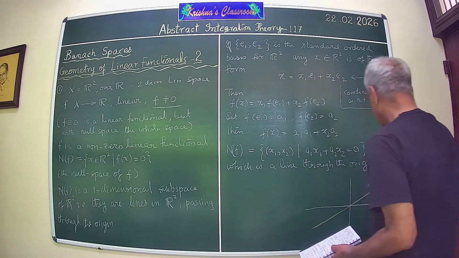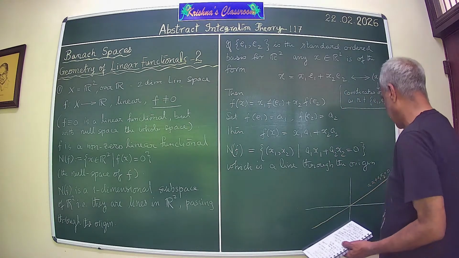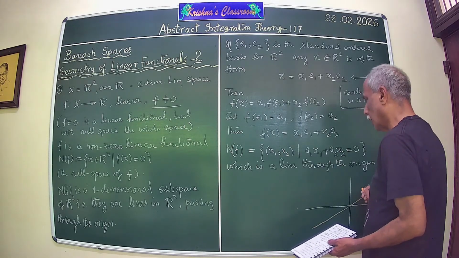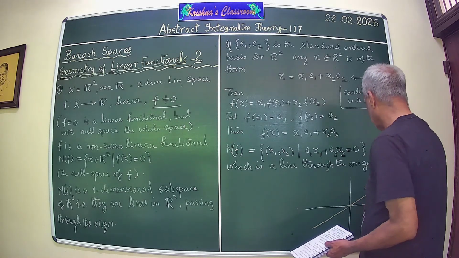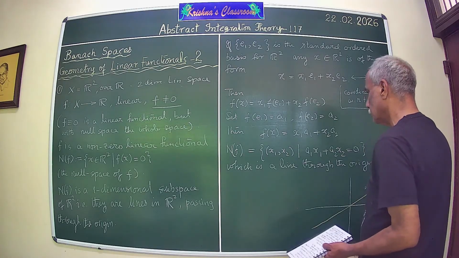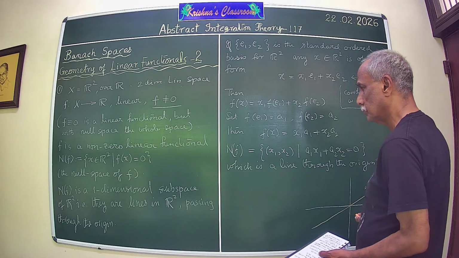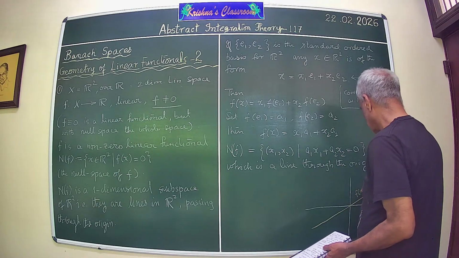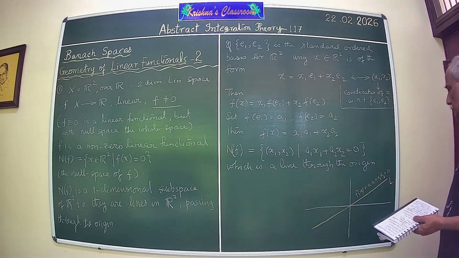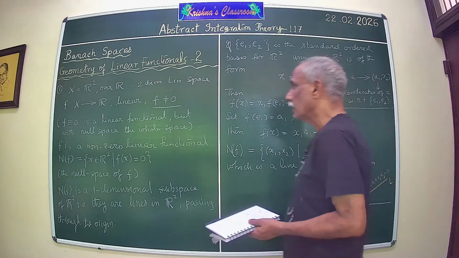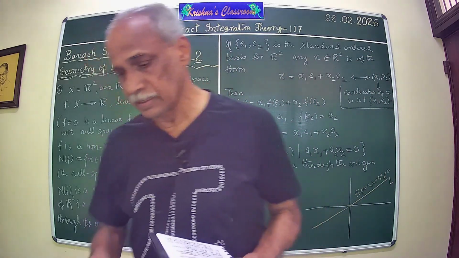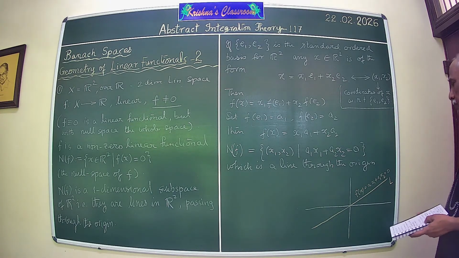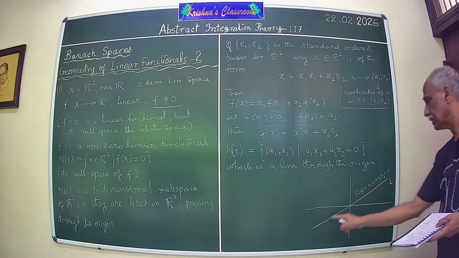Now this came from an f, where f is a linear function on R2. So it represents a line.